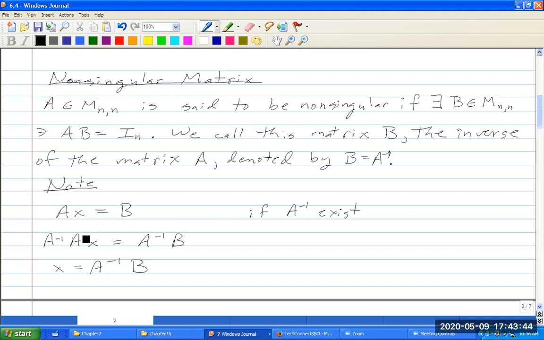The identity element times the matrix X is just the matrix X. And so X is equal to A inverse times B. So if I can find an inverse, then to find the solution, all I have to do is multiply the non-homogeneous part by the inverse of the coefficient matrix, and that will give me the solution to my system.